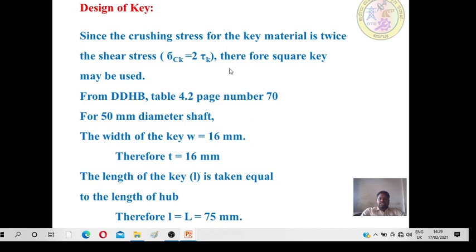Since we are using square key, thickness is also equal to width. So therefore T equal to W equal to 16 mm. The length of the key L is taken equal to the length of the hub. We have already calculated the length of the hub as 75 mm. So now small letter L, that is length of the key, is also equal to length of the hub, that is 75 mm.